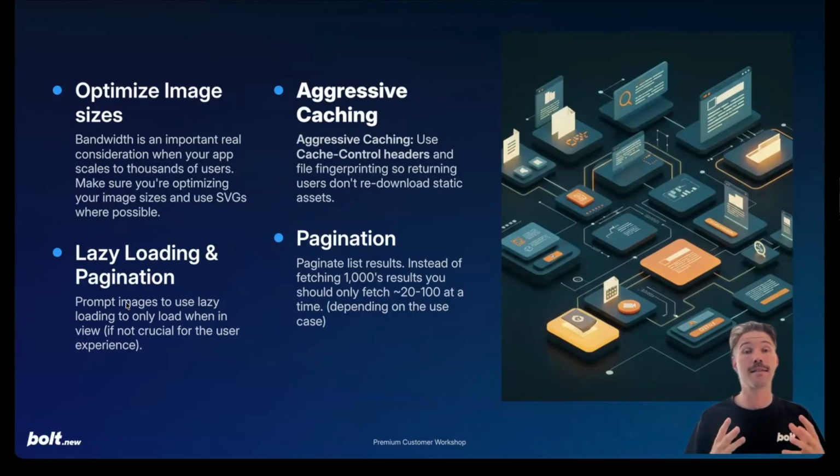And this is something as simple as prompting the Bolt agent itself to implement best practices with lazy loading on the web page. Because often if somebody clicks your call to action button in the hero section, then there's no reason for you to have had to load an image from really far down on the page into their browser, because they're not even going to that if they're clicking on the call to action. So that's where lazy loading comes in.